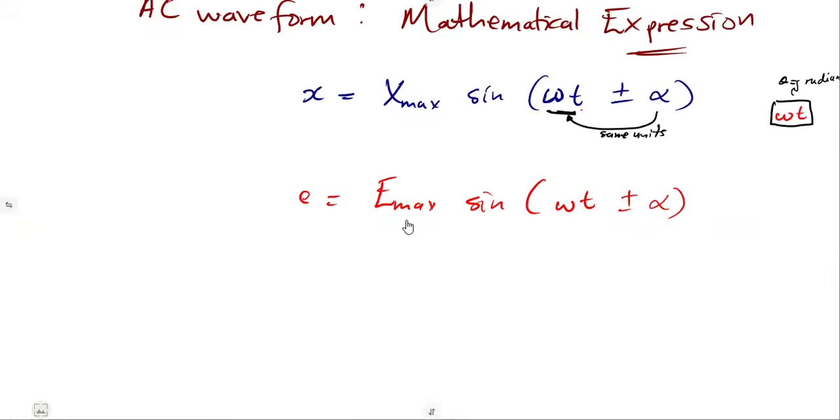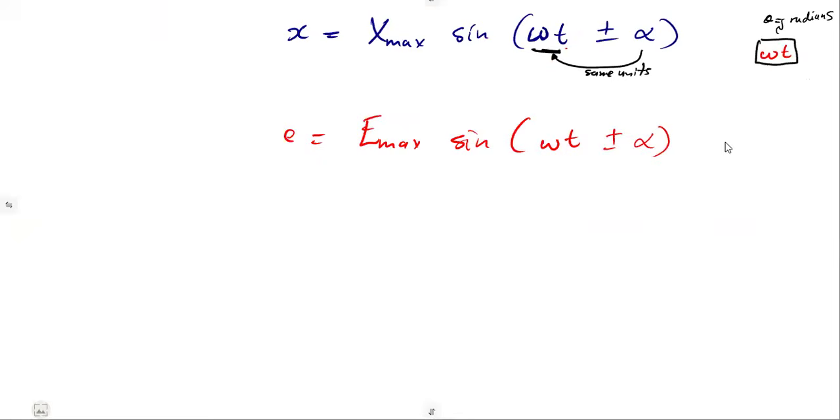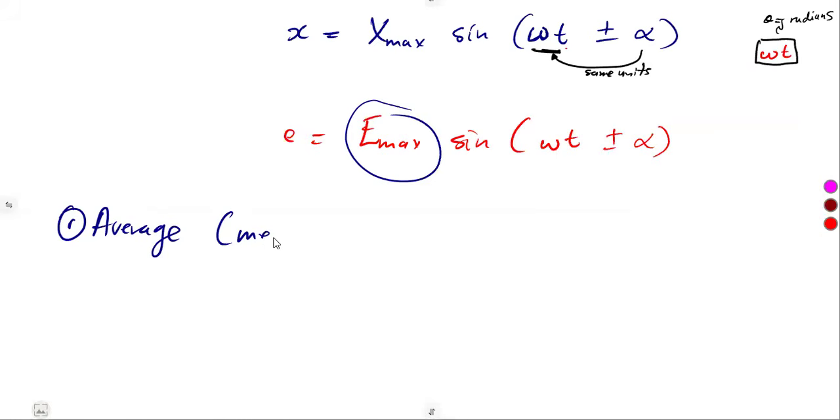Remember, from the maximum value, our Emax or this Xmax that we are seeing there, we can have average values from there. We can have the RMS values. There are so many things. So let us start with average or the mean value.